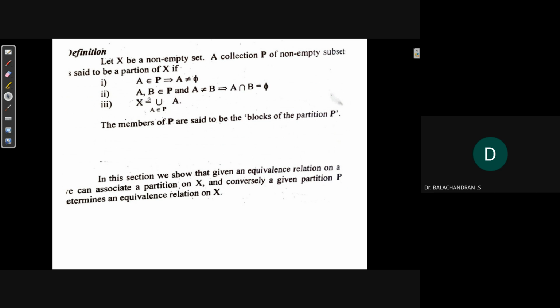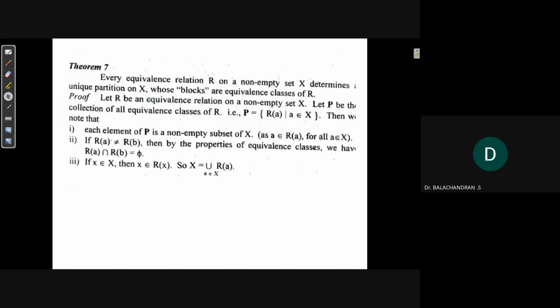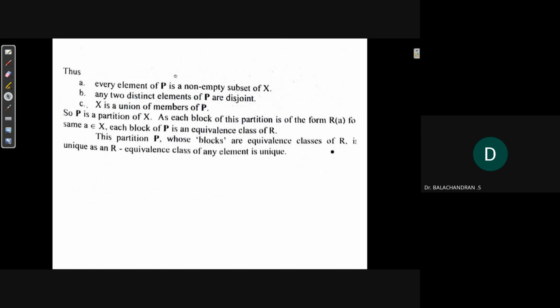And then you can see these three conditions are satisfied here. Condition 1, condition 2, condition 3. So by the definition of a partition, P is a partition of capital X. As each block of this partition is of the form R of A for some A belonging to capital X, each block of P is an equivalence class of R. This partition whose blocks are equivalence classes of R is unique.